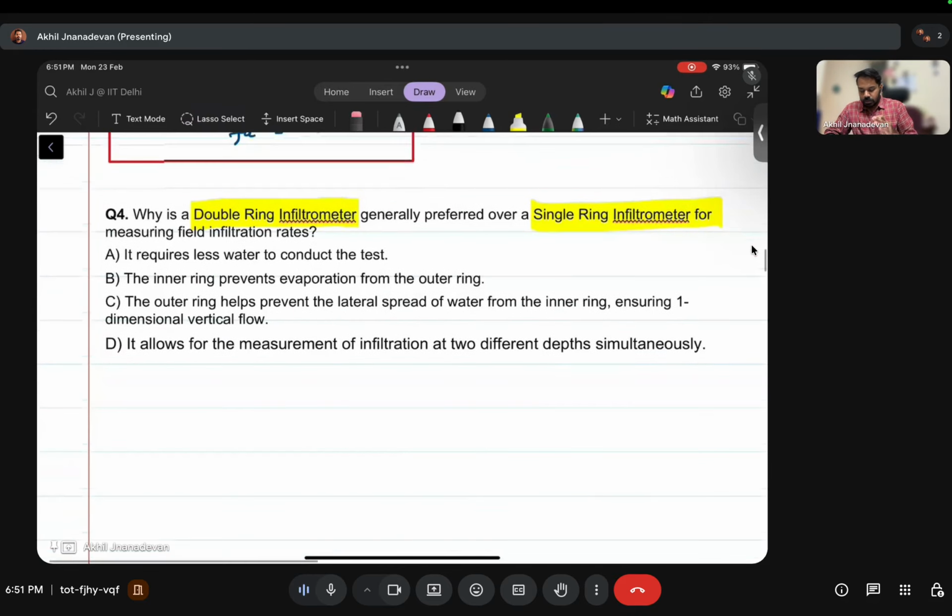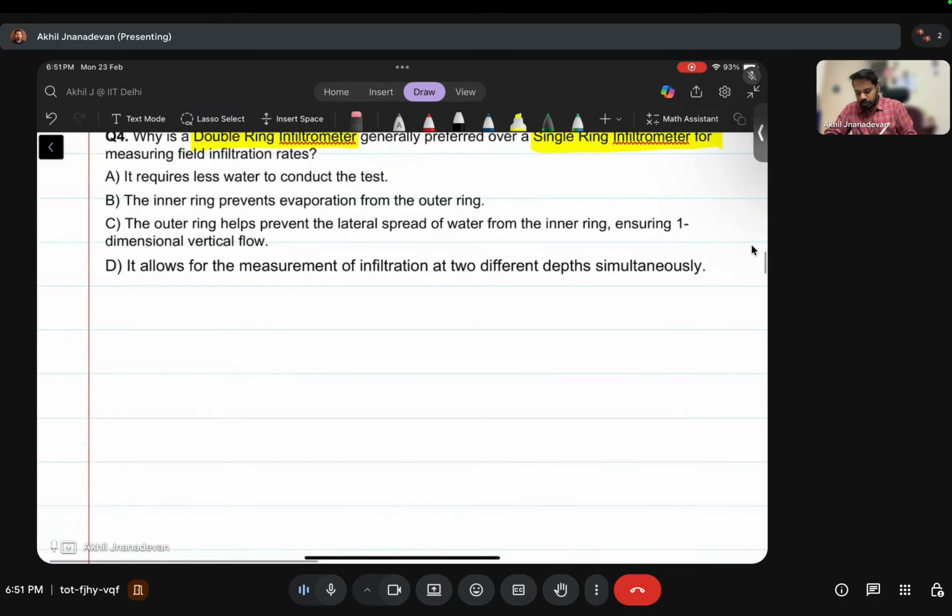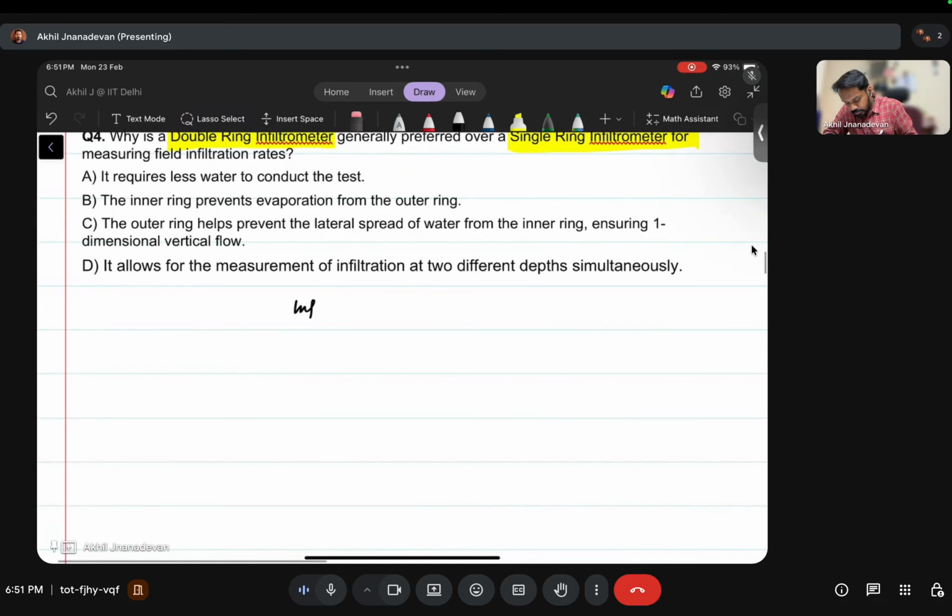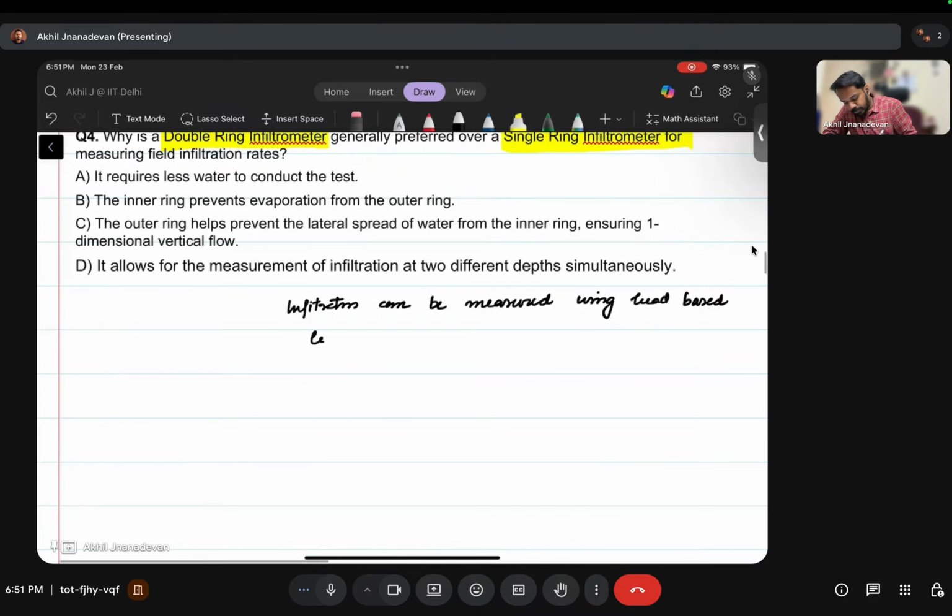So there are two types of techniques to measure the infiltration. Infiltration can be measured using head-based techniques.